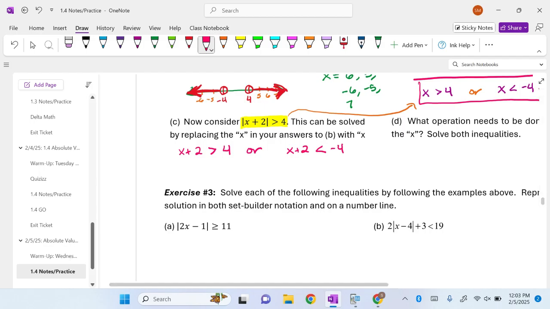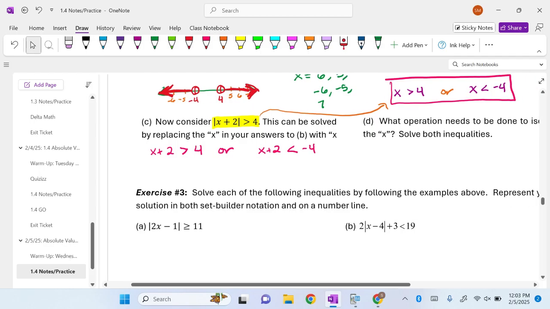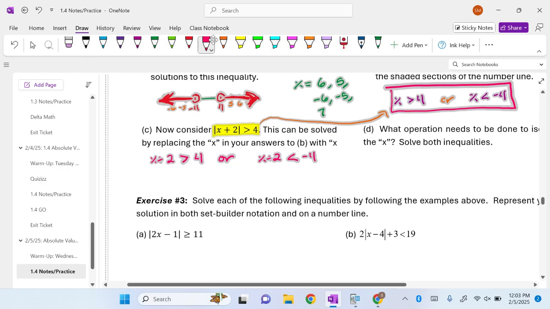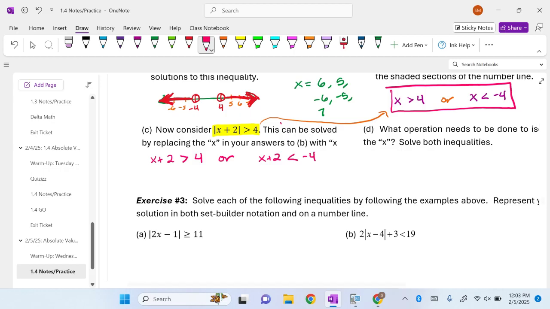So that's the process for a greater than problem. For a greater than problem, you take whatever the positive number is that it's equal to on the other side, and you write that with the original symbol. Then you take the negative of that number, but write it with the opposite symbol. But that's only for greater than, so you write that with a less than. Because again, we want a graph that's going in opposite directions.